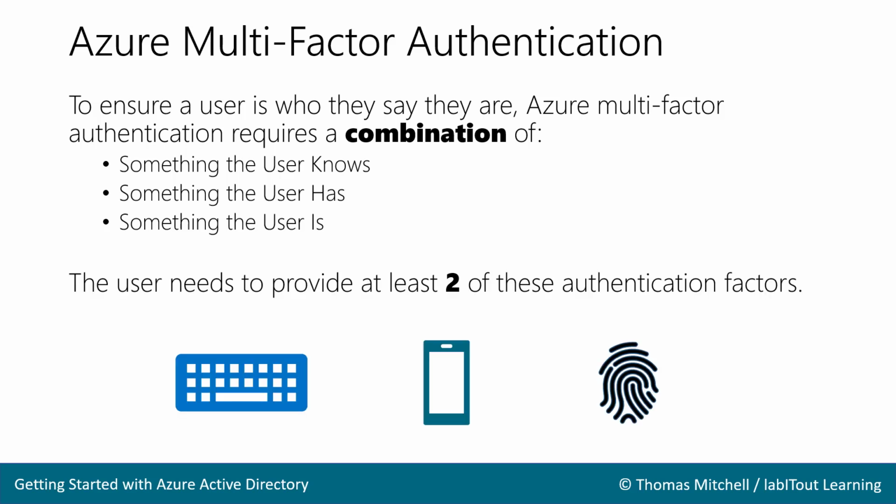The user will need to provide at least two of these authentication factors. The something you know piece is usually a password. The something you have piece is typically a smartphone or maybe a hardware key. Something you are includes biometrics like fingerprints or face scans. I should mention that users can self-register for both self-service password reset and for multi-factor authentication.